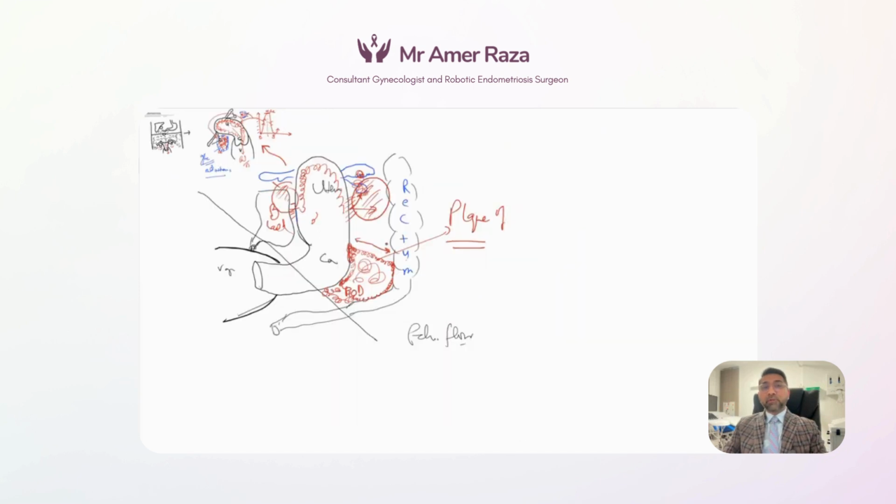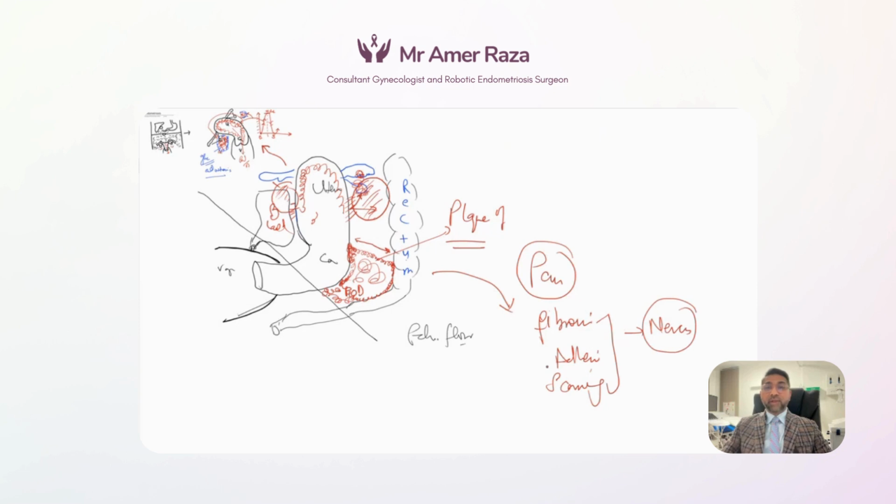So the important thing to remember is that most of the pain symptoms come because of fibrosis, adherence, scarring, and all these things that involve the nerves as well. When you involve the nerves and structures, that will cause the pain.